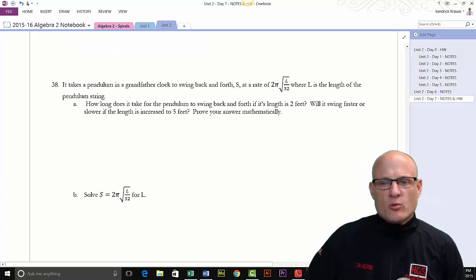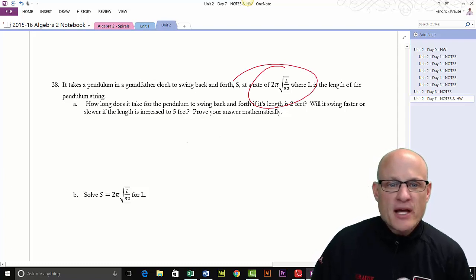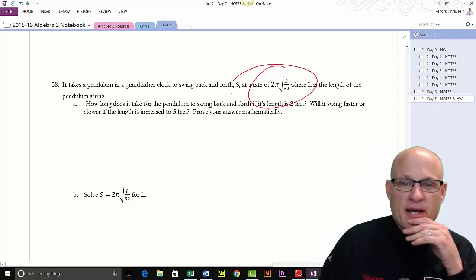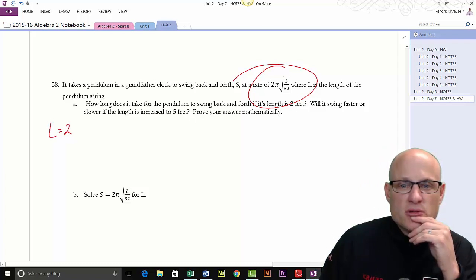There's that weird formula. How long does it take for the pendulum to swing back and forth if the length is 2 feet? So length equals 2. Oh, so this is the time it takes.